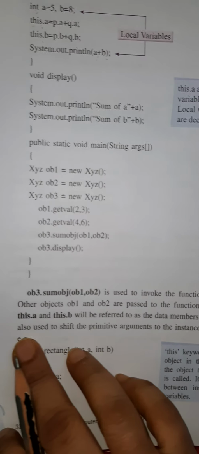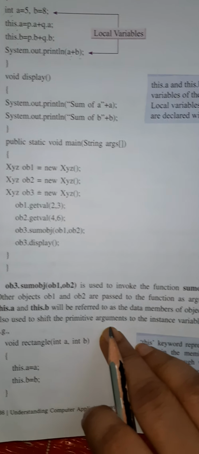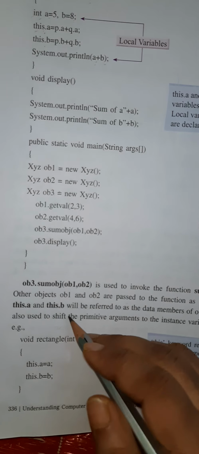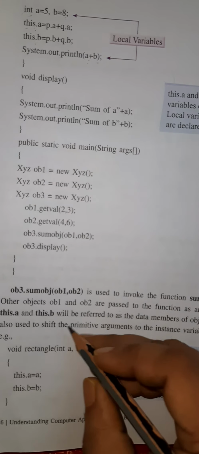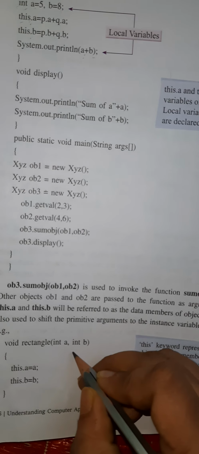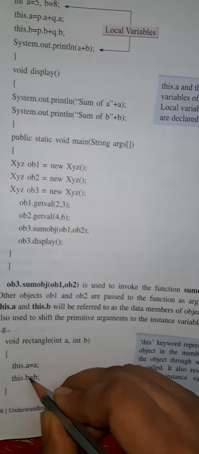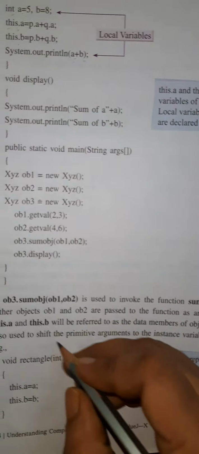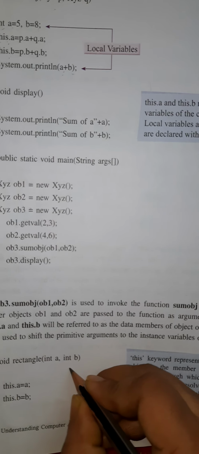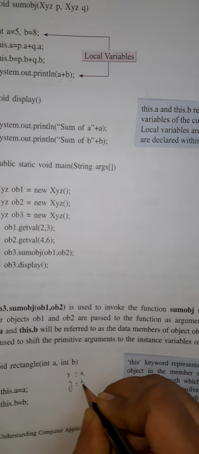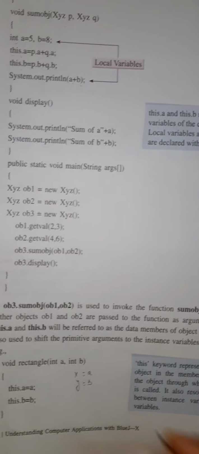This keyword is also used to shift the primitive argument to the instance variable of the current object. Here this is used with the instance variable. Sometimes we use a and b as the parameters. Normally, we take x and y, where x equals a and y equals b, so a's value goes to x and b's value goes to y.